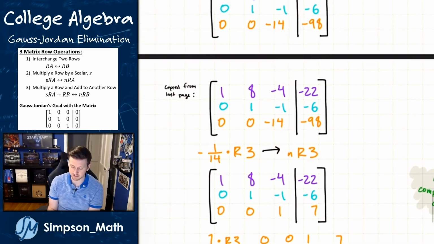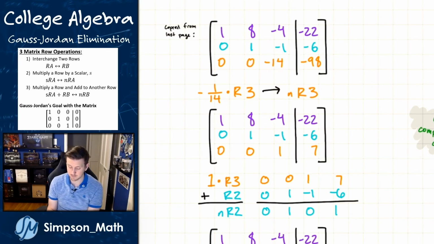Just know that if you ever need to force a 1, the quickest way is to multiply times the reciprocal. So for -14, I'm going to multiply row 3 times -1 over 14, and we get 0, 0, that's now 1, and divide -98 by -14, and you end up with a positive 7.